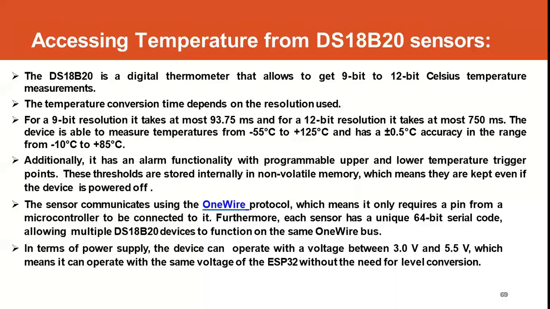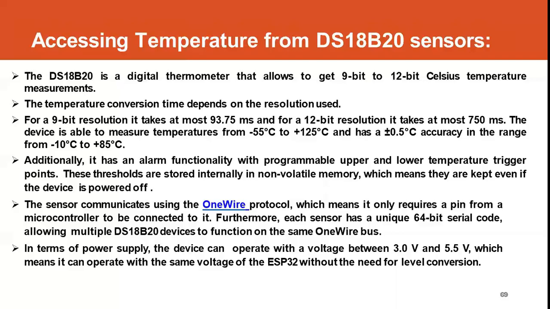So here the device is capable of measuring the temperatures from minus 55 degrees to plus 125 degrees centigrade with an accuracy of plus or minus 0.5 degrees centigrade. So if it is used in minus 10 to plus 85, the accuracy is more or the error rate is very less.